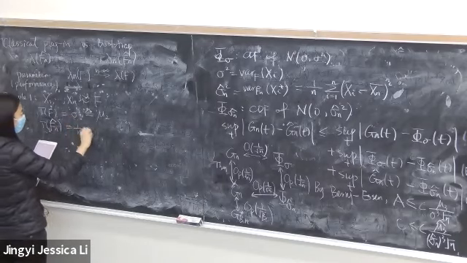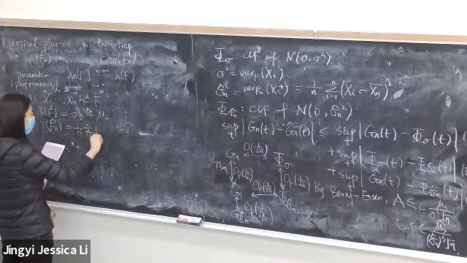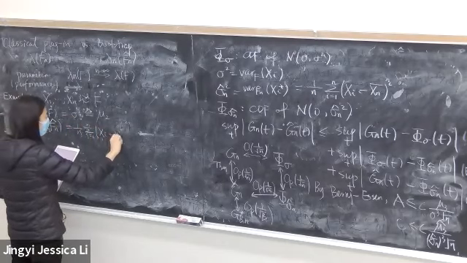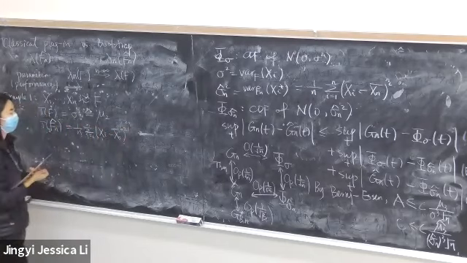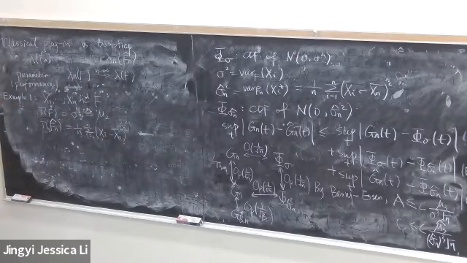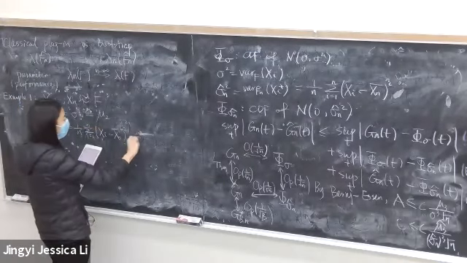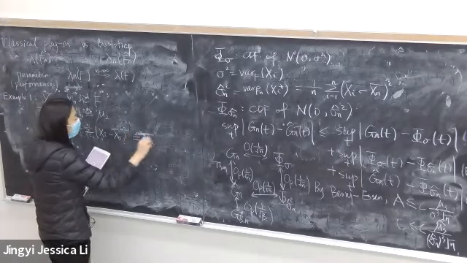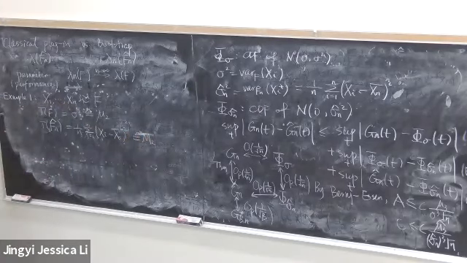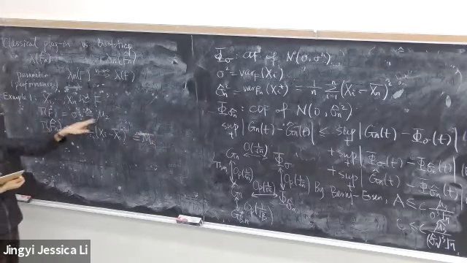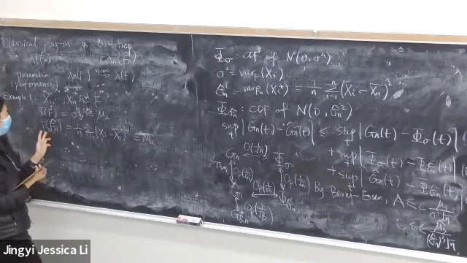It's 1 over n sum of xi minus xn bar squared. Okay, and following this mu2, we give it a notation capital M2. So when we say capital M, it's a sample-based thing, and the mu is the population-based thing. So mu based on F, M based on F n hat.